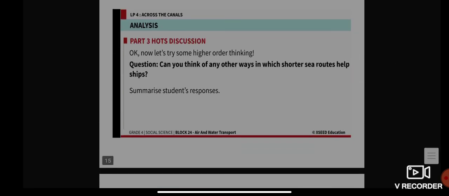Now the last question. Can you think of any other way in which shorter sea routes help ships?